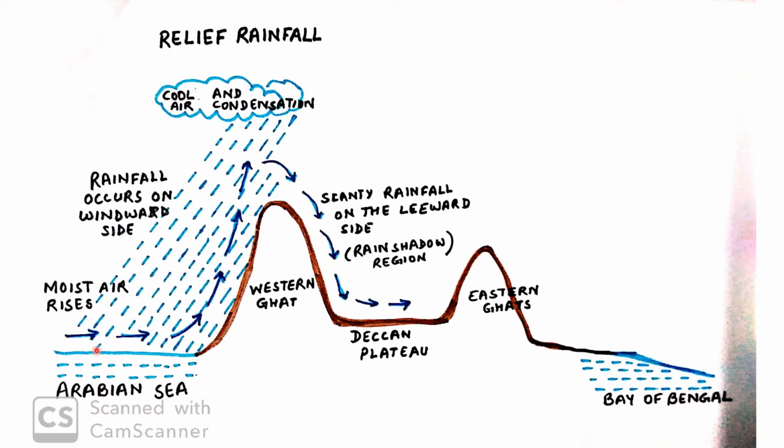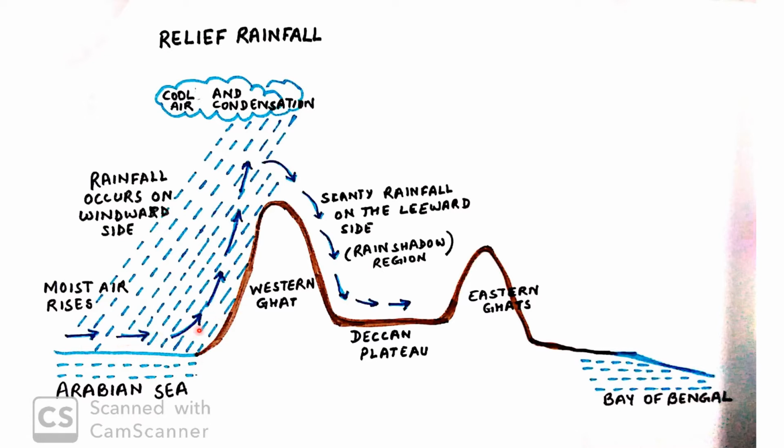Here on the sea, comparatively, a high pressure prevails. So the winds have a tendency to move from high pressure to low pressure. Therefore, the winds from the Arabian Sea start to move towards the Western Ghats.